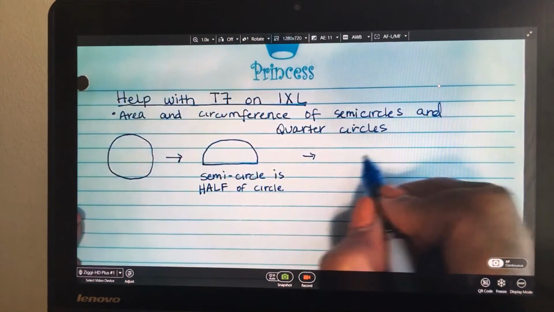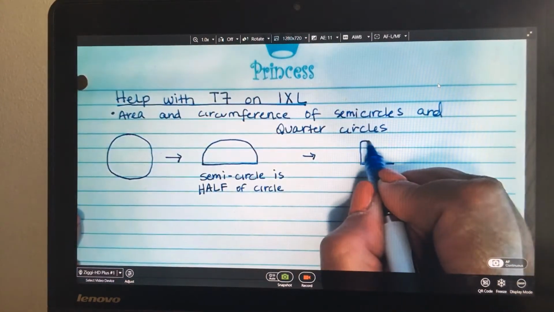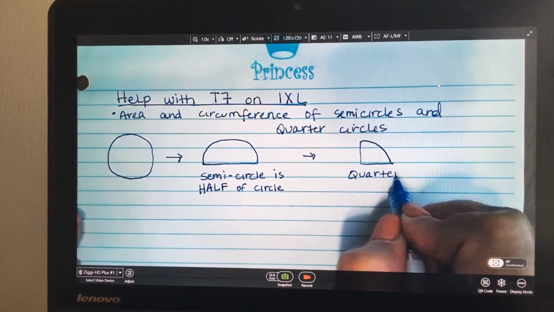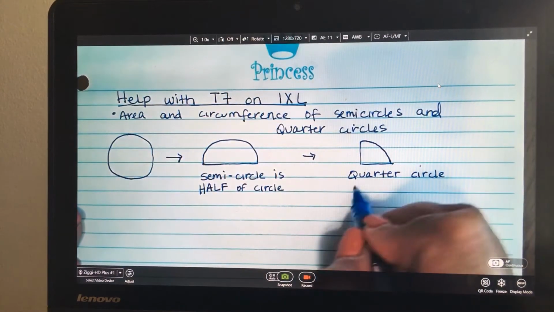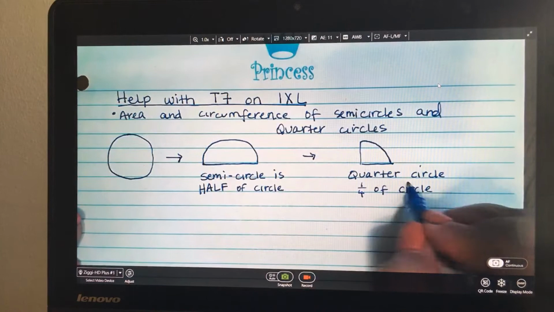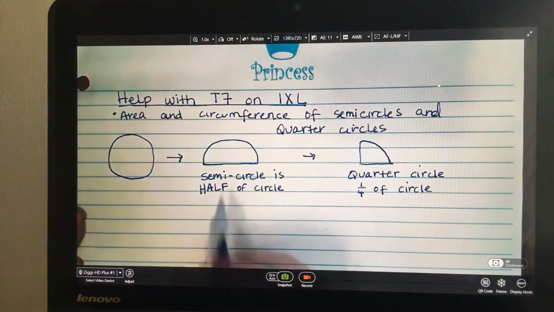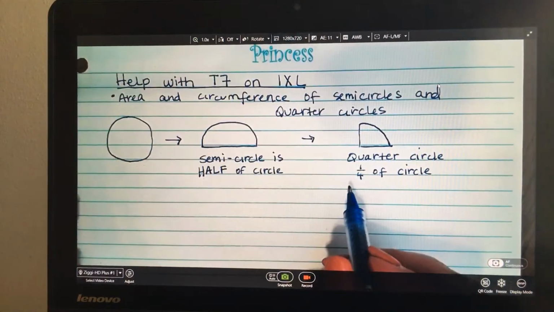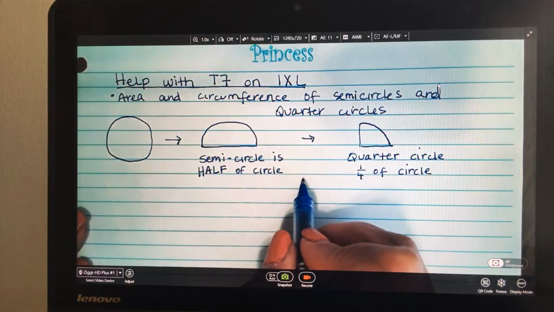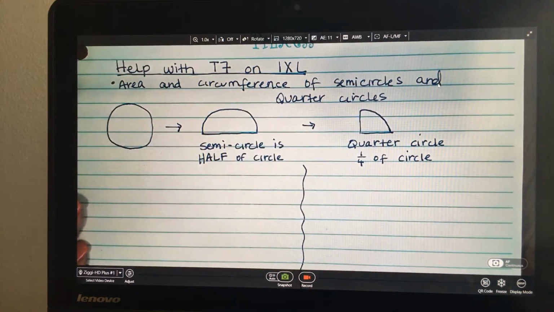And then what if we have a quarter circle? That's 1/4 of a circle. Okay, so we'll take a look at the circumference and the area of those. Let's take a look first at a semicircle. I'm going to divide my paper in half here. We'll work with semicircles first.